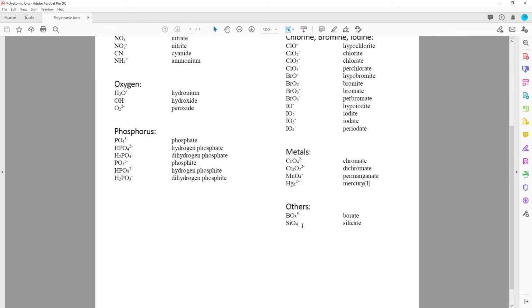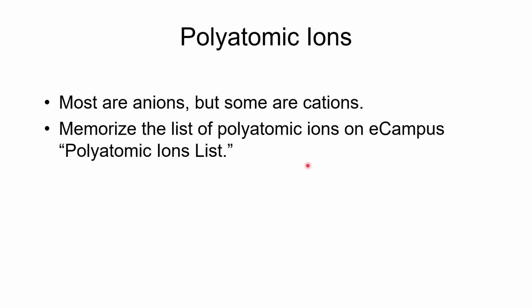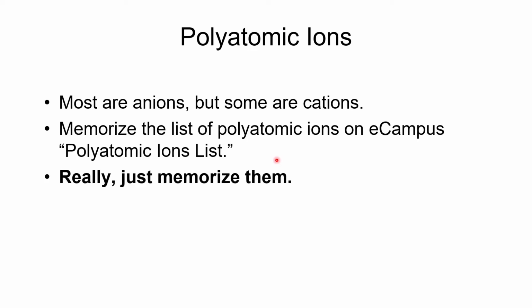But if yours does not have that negative, you can just put that negative on there right now and fix that. But that is the list I want you to know. Really just memorize them. Make flashcards. Do whatever you have to get them memorized.